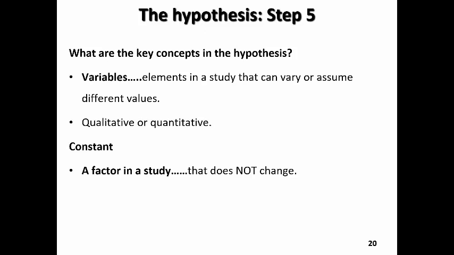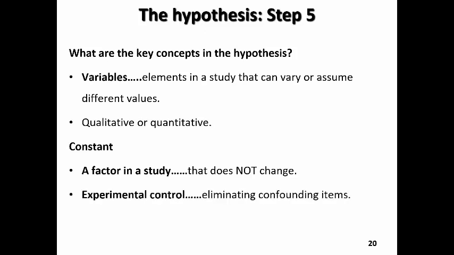So from an experimental perspective, in order to base conclusions on the outcome of an experiment, oftentimes those experiments must incorporate a control situation or a control condition. And the whole point of that is that the experimental control that is incorporated into a research study functions to eliminate confounding items.